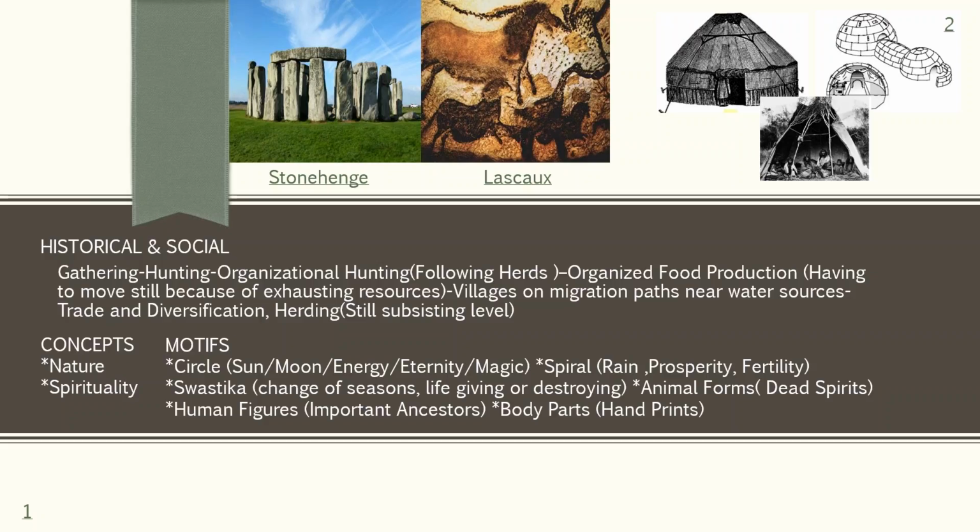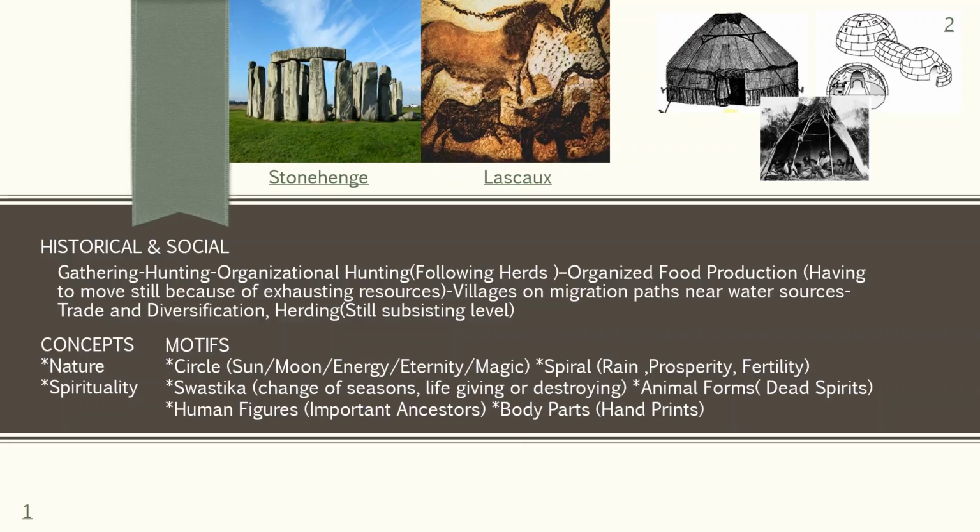We have the concepts mostly that we see depicted in images and even in the built forms reflecting nature and spirituality. The most pertinent motifs were the circle, the sun, moon, an idea of energy, eternity, magic. We have a spiral that's representative of rain, prosperity, and fertility.